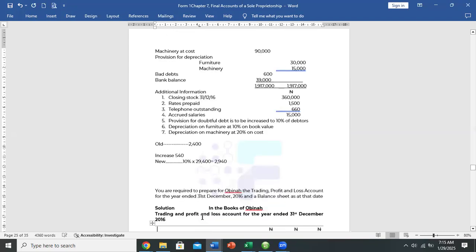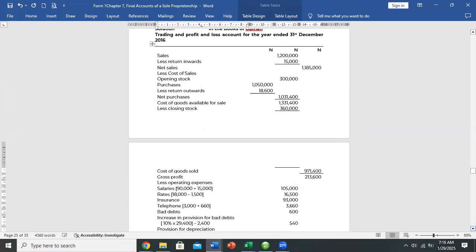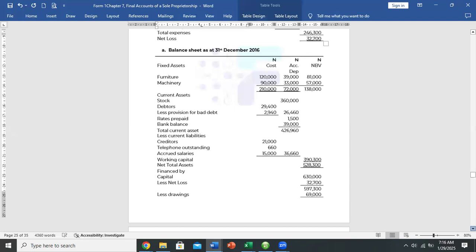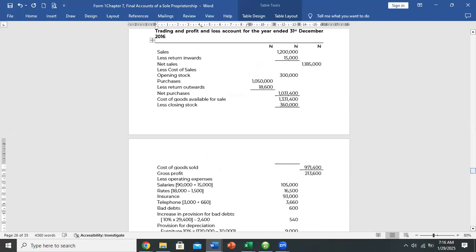It's not always the case that you have an increase. There are some questions you have a decrease. There are some questions when you compare the old to the new, you get a decrease. Please, if it's a decrease, you take it to your other income.